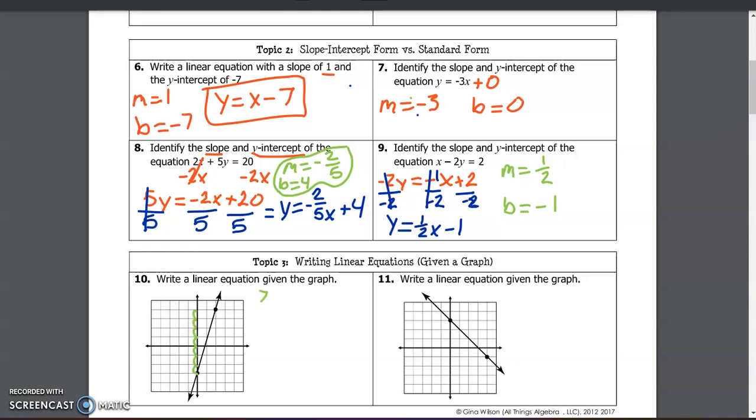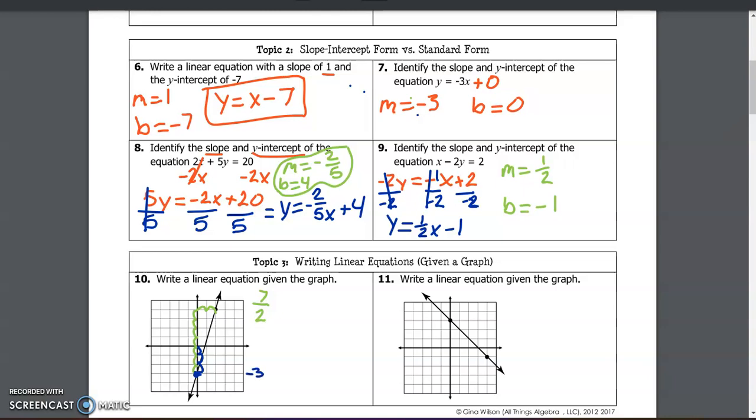So my slope is 7 over, and I go to the right, 1, 2, 7 over 2. So that's my slope. And then my y-intercept is just where it crosses the y-axis, which is this point right here. If I count down, 1, 2, 3, so that's at negative 3.